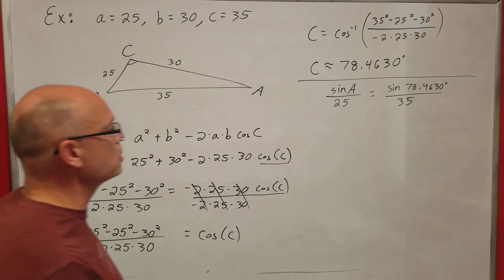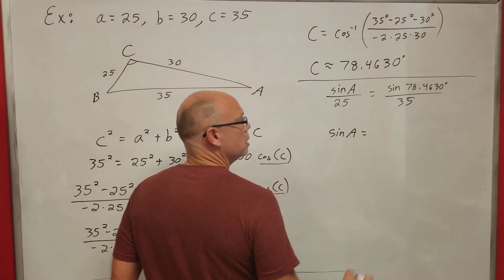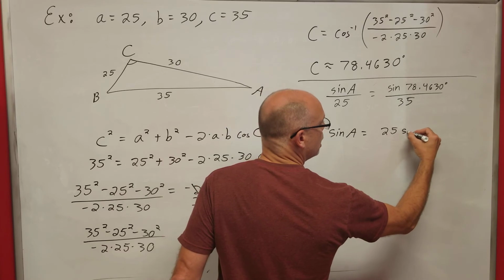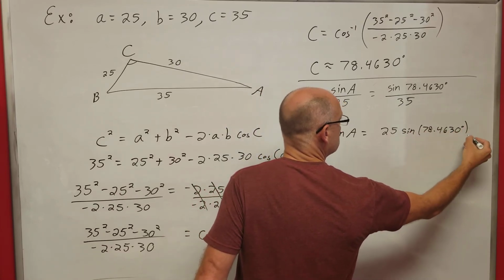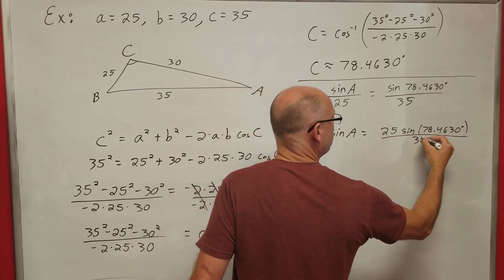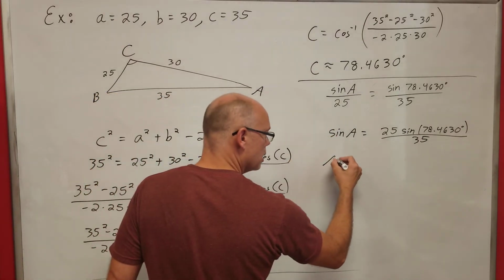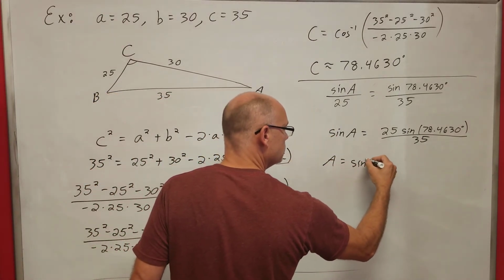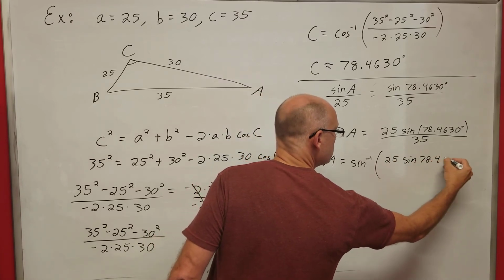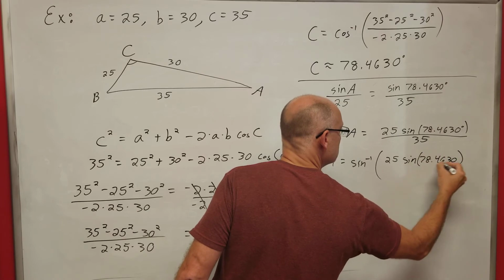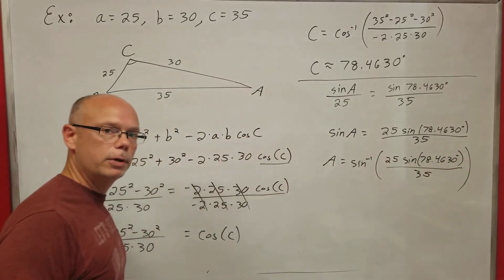All right, so if you cross multiply and so forth, you're going to get sine of A is equal to 25 sine of 78.4630 degrees all over 35. So A will be equal to the inverse sine of that stuff. A is equal to the inverse sine of 25 sine of 78.4630 degrees over 35.